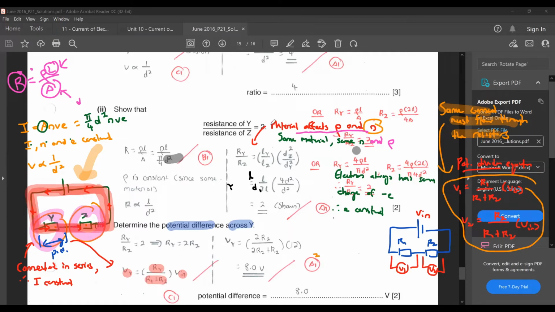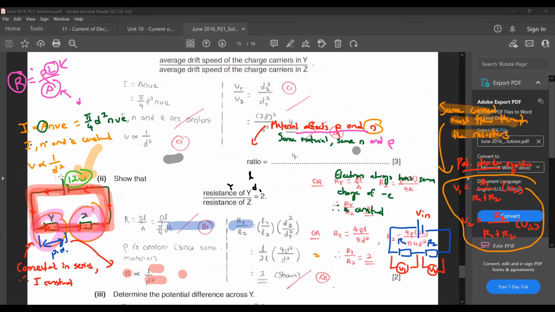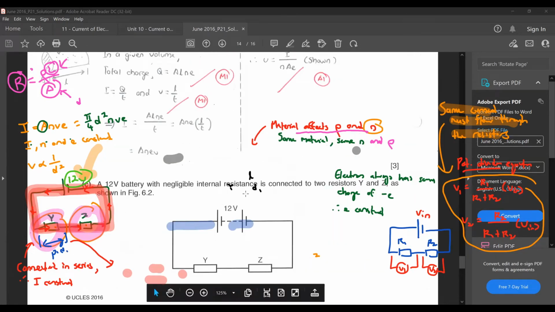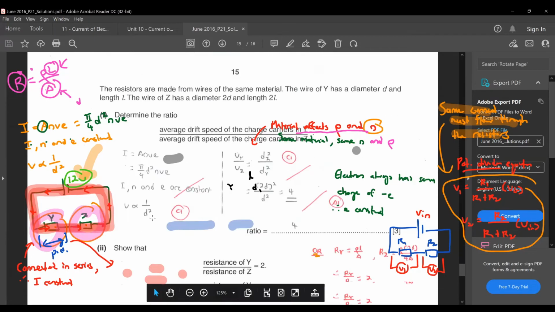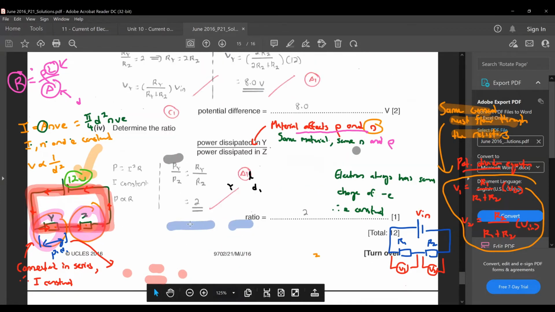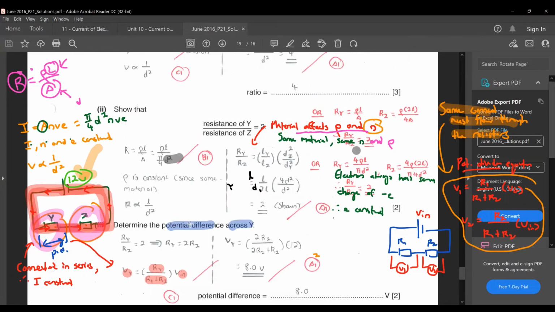Now, my V in is actually my EMF value of 12 volts. The question already told you what was the EMF, 12 volts here, right? This is your V in. But they never told you what was the value of the resistances in terms of ohm. But that is not an issue here because we can cancel it all.